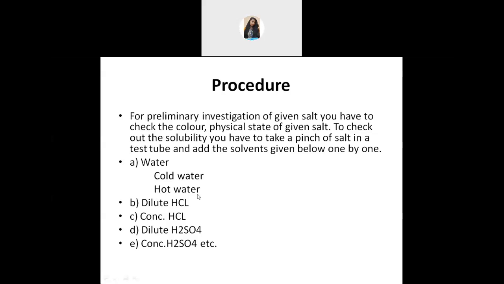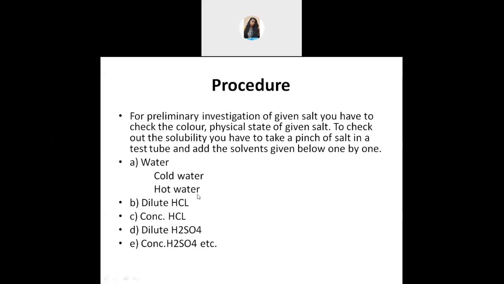Okay, so take a pinch of salt in a test tube and add dilute HCl. If the salt is dissolving, then you can write down that the solubility of the salt is in dilute HCl. If the salt is not dissolving, then you have to take another test tube, take that salt and add concentrated HCl.